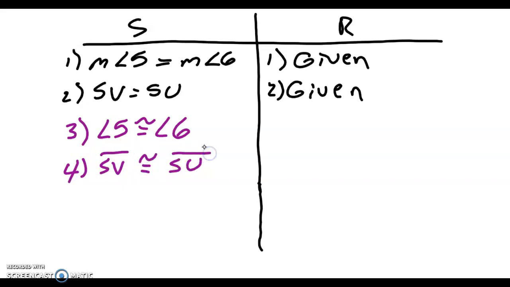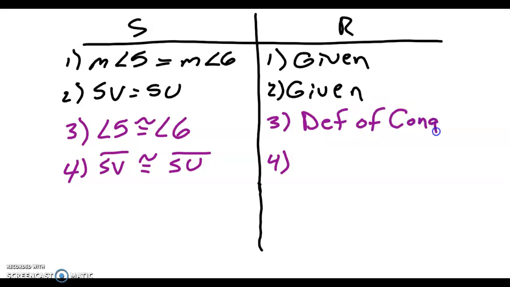Make sure you're putting that line above them. The reason for both of these on Alex is going to be the definition of congruence. Because whenever two things are equal, they're congruent, or if they're congruent, then their measures are equal. Either way, those are definition of congruence.